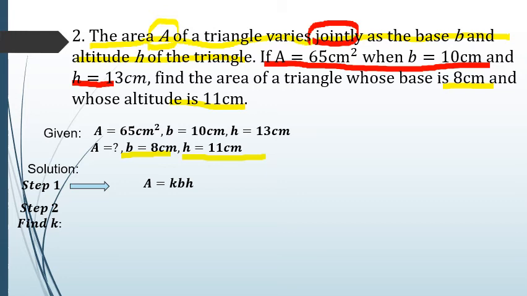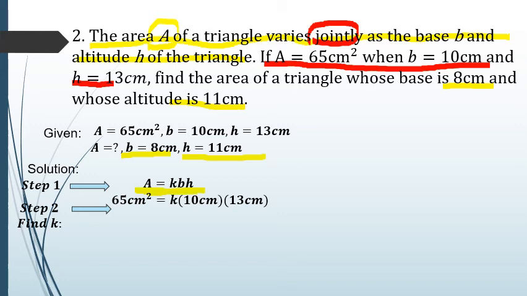So, this time, kunin natin ang value ng K. For step 2, find the value of K or constant. So, gagamitin natin yung equation sa step 1 para makuha ang value ng K. So, ang gagawin ay papalitan natin yung equation ng given values.